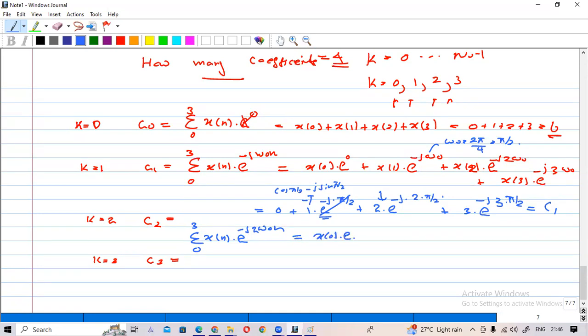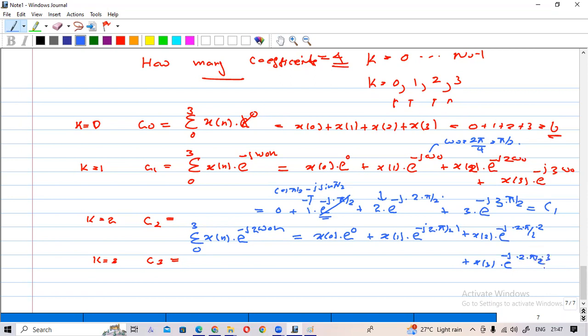X0 e to the power minus j 2 omega naught n is 0, plus x1 e to the power minus j 2 omega naught, 5 by 2, n is 1, plus x2 e to the power minus j 2 5 by 2, n is equal to 2, plus x3 e to the power minus j 2 5 by 2, n is 3.